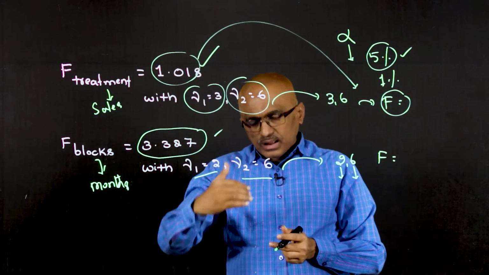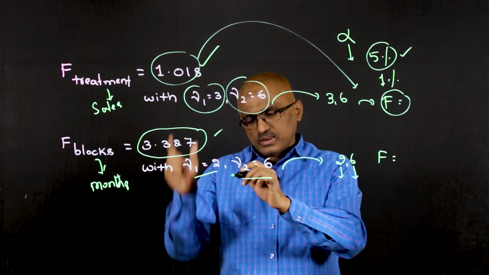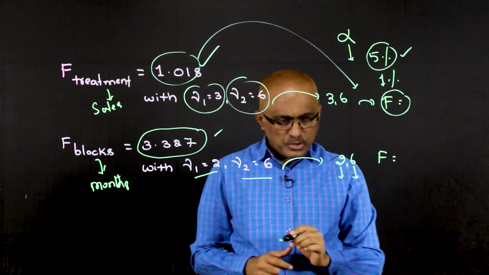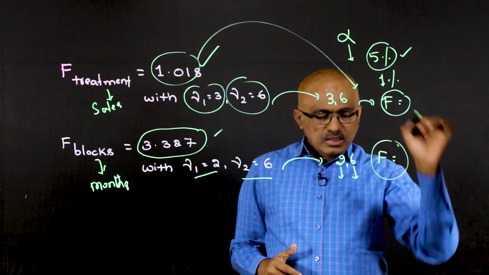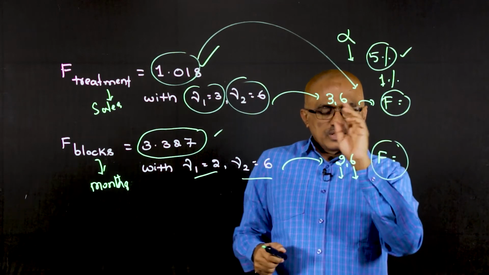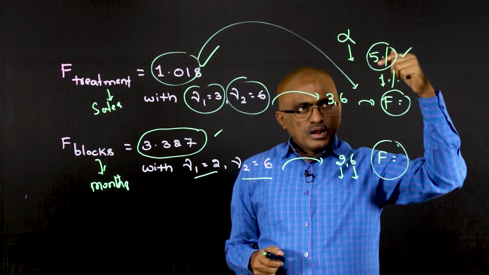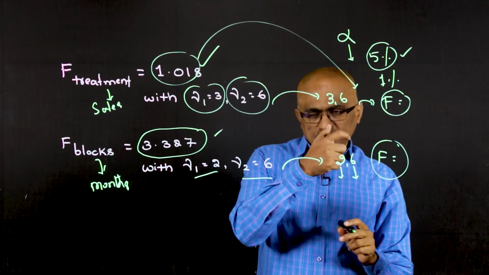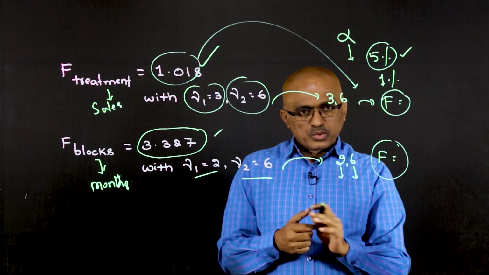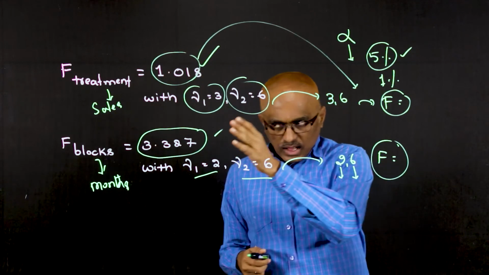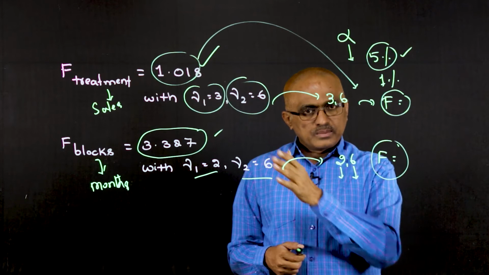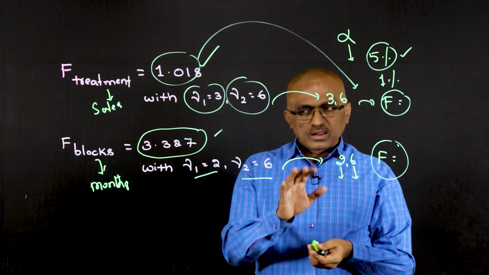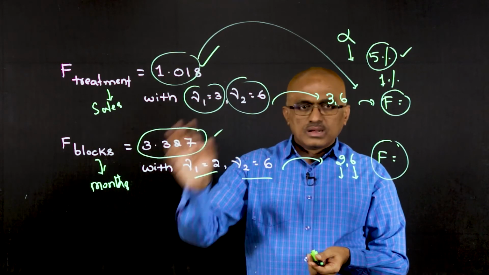Similarly, for months, for the rows, we got 3.327. Then we compare this 3.327 with the tabulated value with respect to the degrees of freedom and the level of significance we selected. If the calculated value is less than the tabulated value, accept the null hypothesis or claim related to the months, otherwise reject.